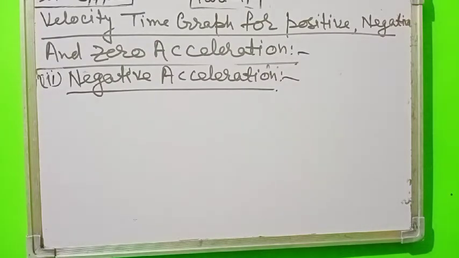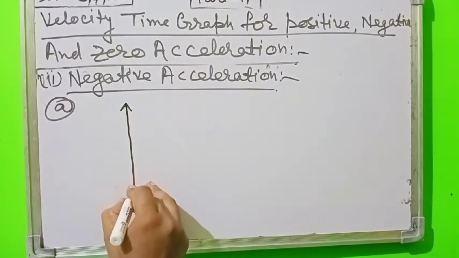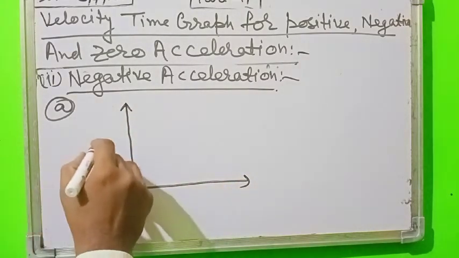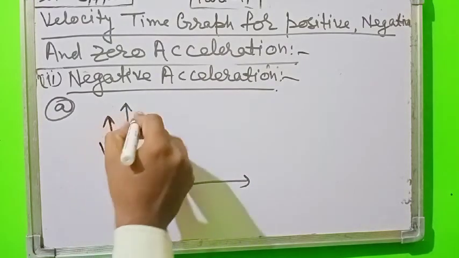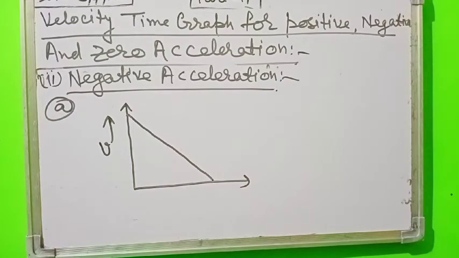In case of negative acceleration, there are also three cases. First one is, since it is negative acceleration, it means that the velocity of the body is decreasing linearly with time.